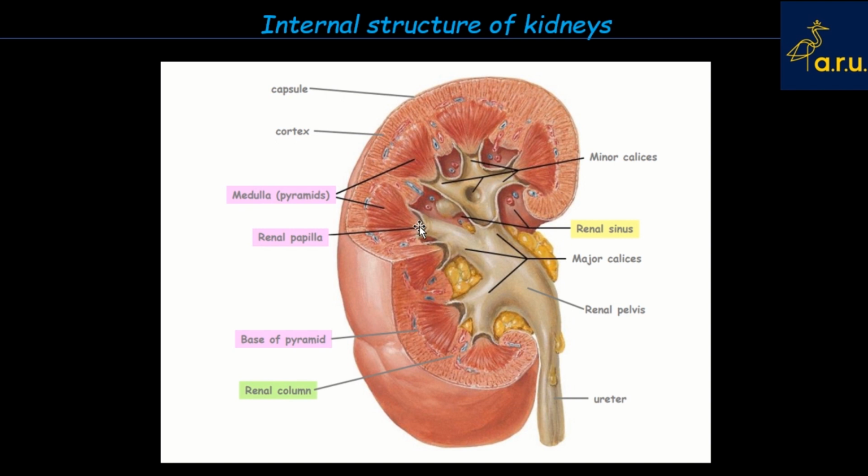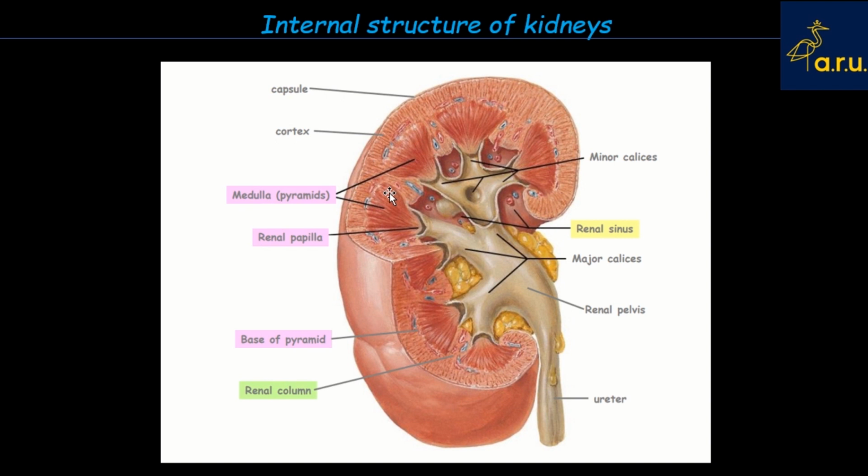Now, if you're aware of the structure of the nephron, you can probably imagine the convoluted tubules of the nephron lying here in the superficial cortex, whereas the loop of Henle and the collecting tubules come down into the renal medulla.